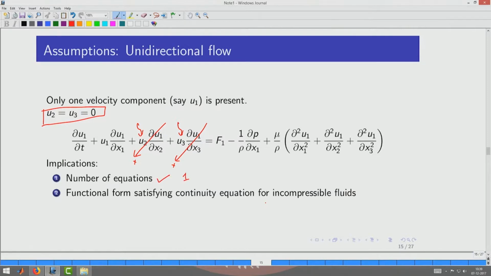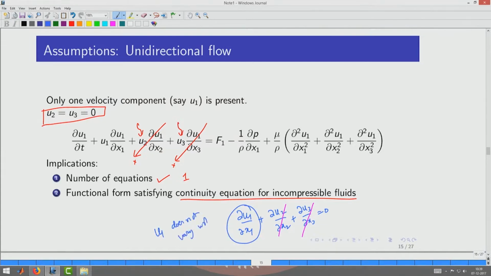it also helps us in the functional form. So, what we mean by that is as follows: the continuity equation for incompressible fluids, we already know that it is written in the following manner. So, dou u1 by dou x1 plus dou u2 by dou x2 plus dou u3 by dou x3 is equal to 0, and we are already now saying that it is unidirectional velocity, which means this term and this term do not exist, which immediately means that u1 does not vary with respect to x1, which means that u1 can vary as a function of x2 and x3.